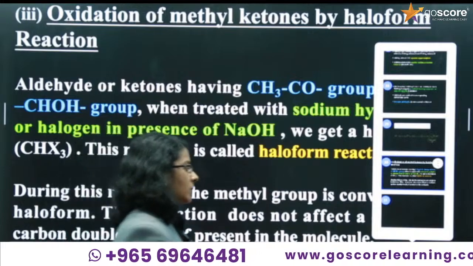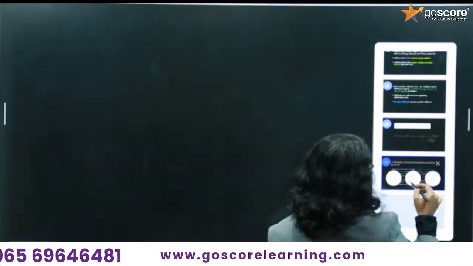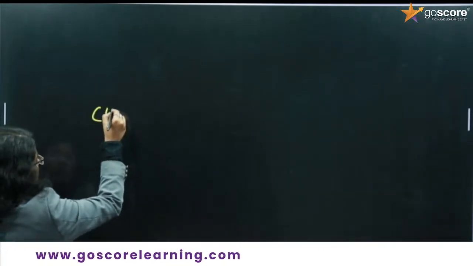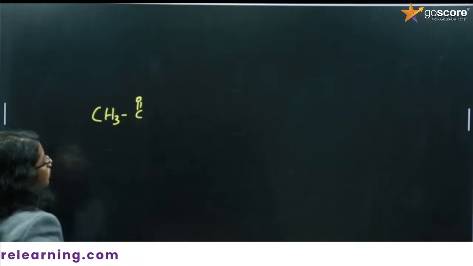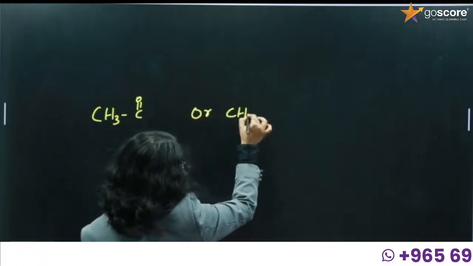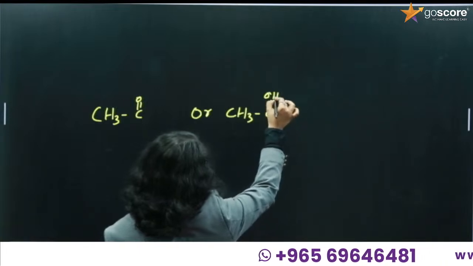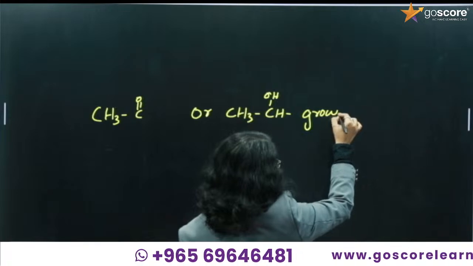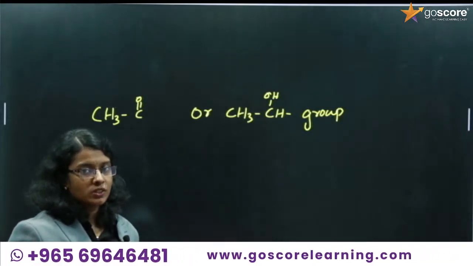Here the methyl group, that is CH3C=O, or CH3CHOH group, only gives this haloform reaction.